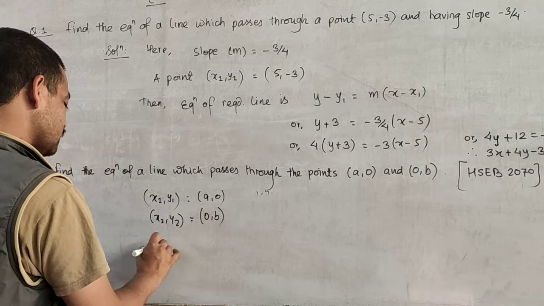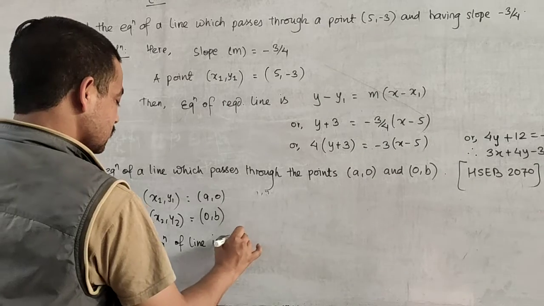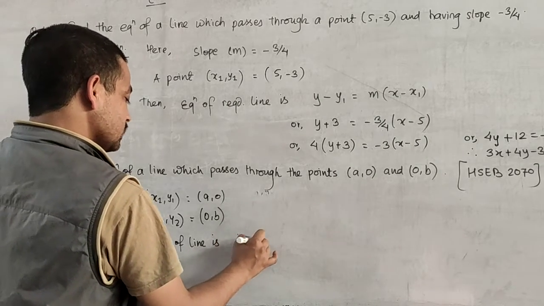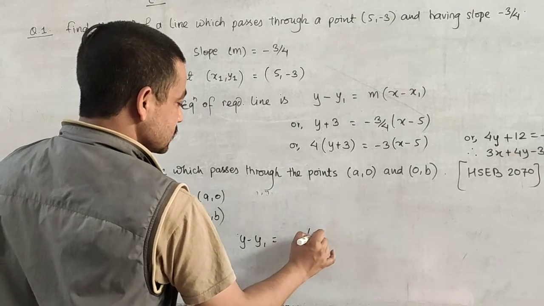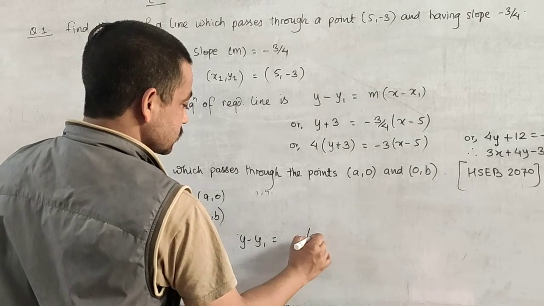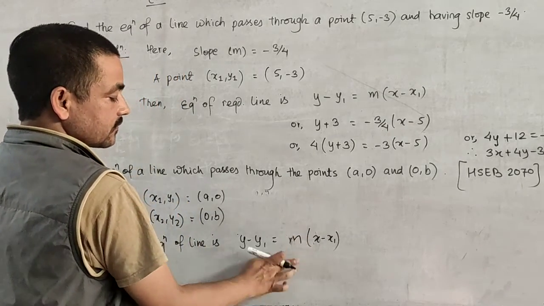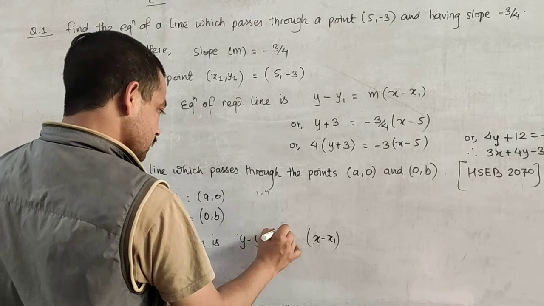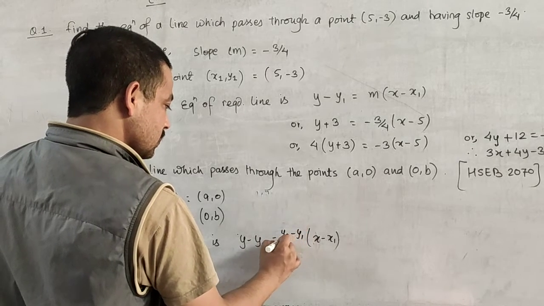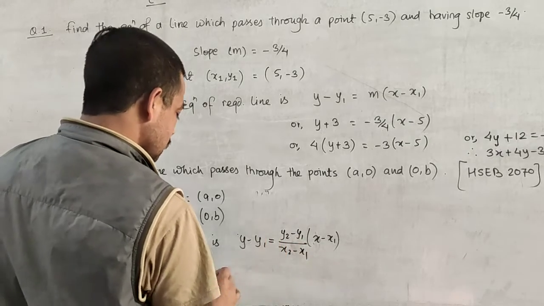So the equation of the line is y minus y1 equals slope times x minus x1. Here is slope m, but we will use directly here the formula of slope, y2 minus y1 upon x2 minus x1.